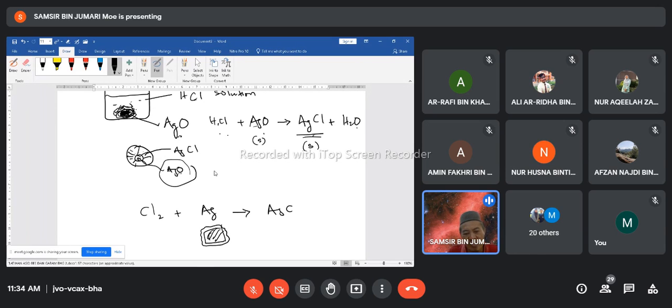The outside layer of the silver covered the inner layer that contains the silver, still not reacting with the chlorine gas. So masih juga bertindak balas, tetapi hasilnya tidak tulen.